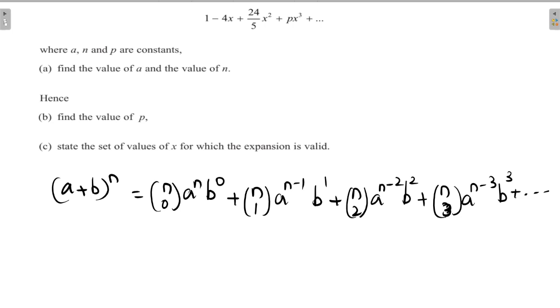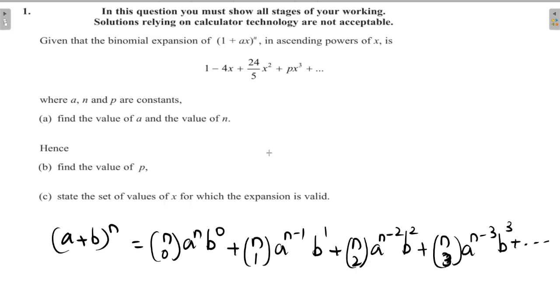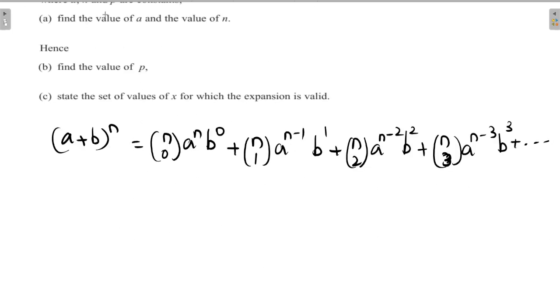Here our expansion is (1 + ax)^n. Let us replace a as 1 and b as ax.